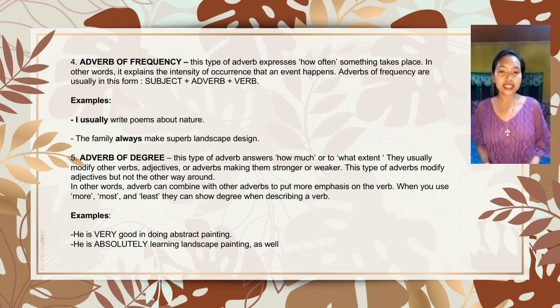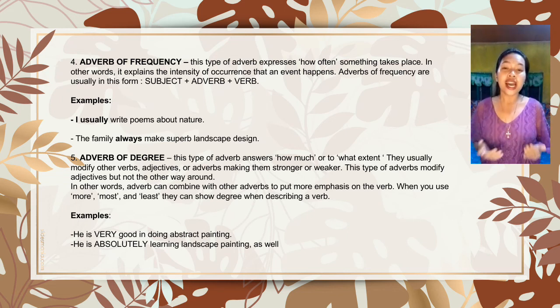And the last kind of adverbs is the adverb of degree. This type of adverb answers how much or to what extent. They usually modify other verbs, adjectives, or adverbs, making them stronger or weaker. This type of adverb modifies adjectives but not the other way around.